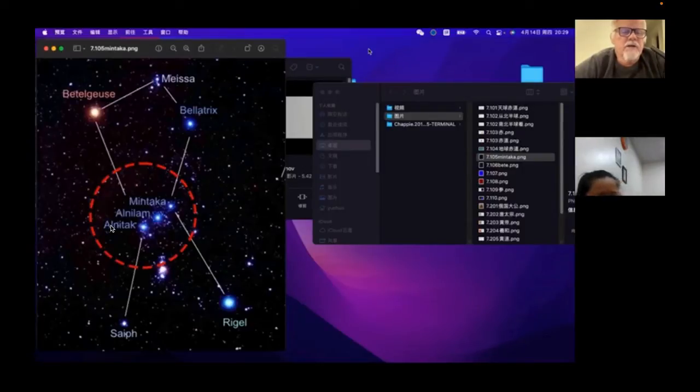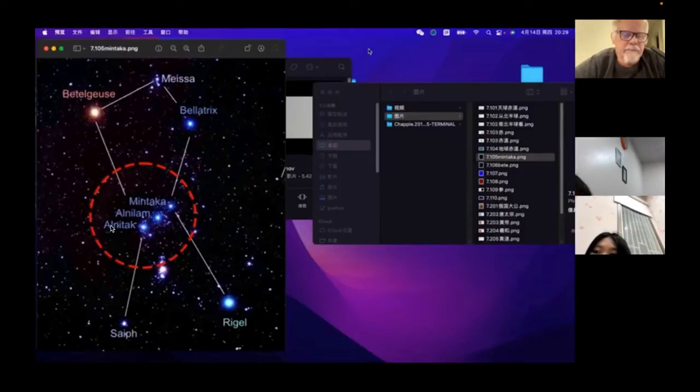There's a constellation called Orion. Probably most of you have heard of Orion, and maybe you recognize it. 3 bright stars in a line. 那个是 in the belt of Orion.